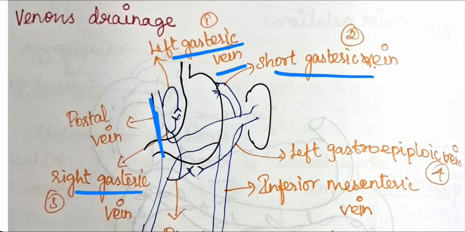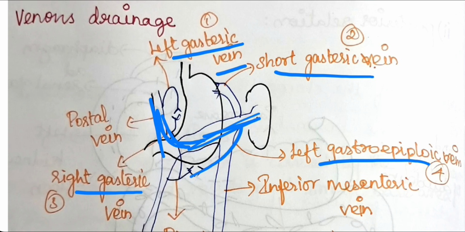Coming to the short gastric vein, it is a branch of the splenic vein. Okay, so the splenic vein forms the portal vein. And the left gastroepiploic vein is a branch of the splenic vein.